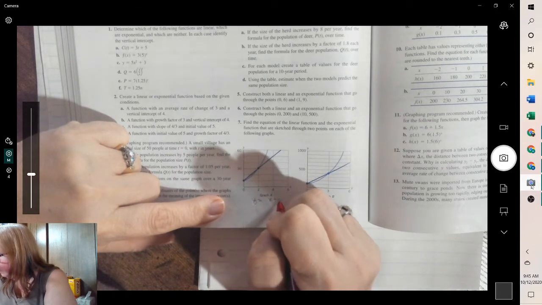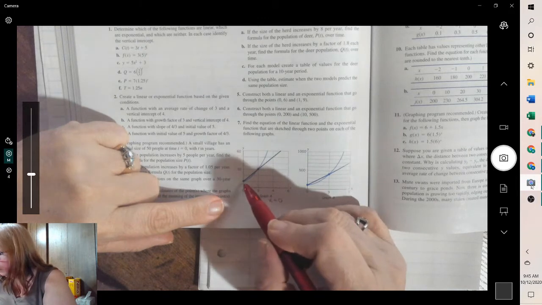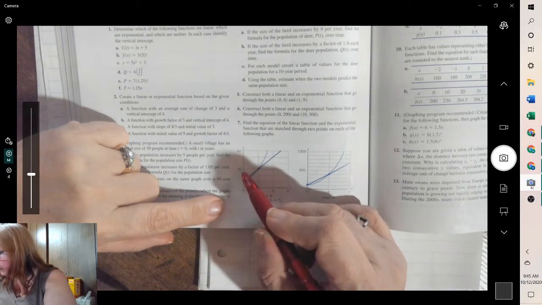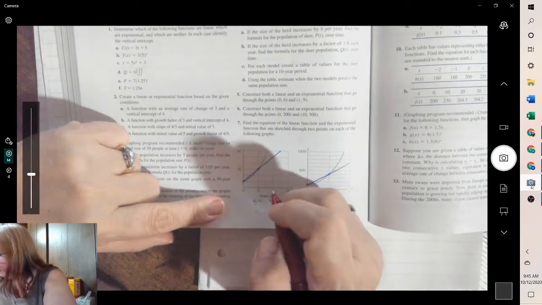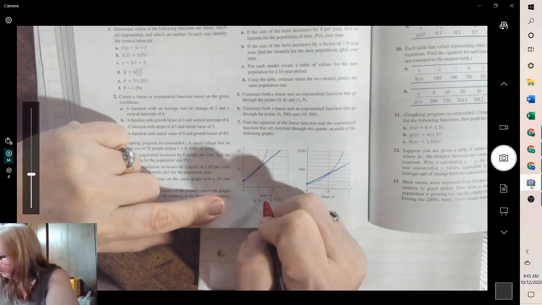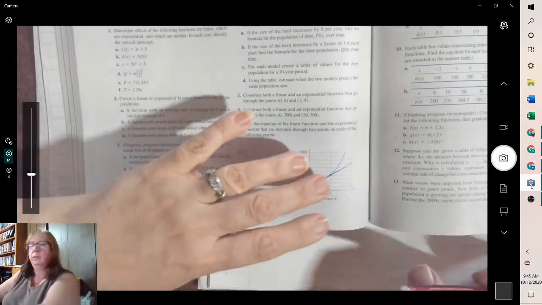So we know it's plus 0. And then our slope, it goes up 10 and over 2, so 20. Oh, this is too small. Let me get a piece of paper.